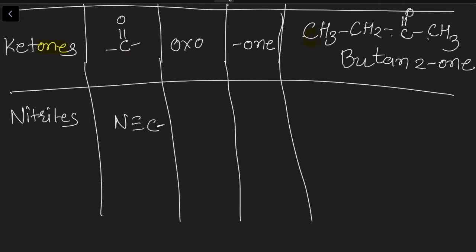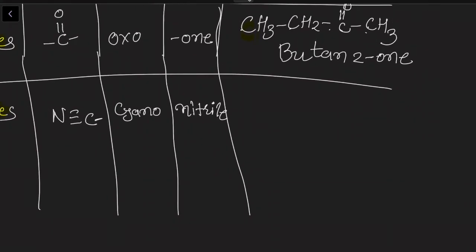It is also called a cyano group. So we can use cyano as a prefix. The suffix, if we want to use it as a suffix, we use nitrile. And basically we use the whole name without the s as a suffix. All right.